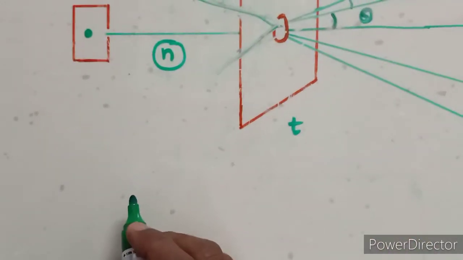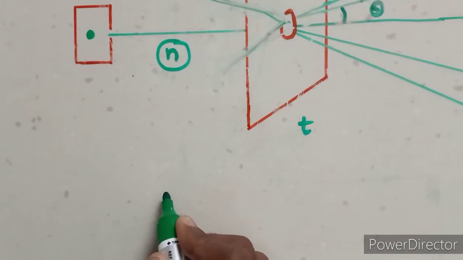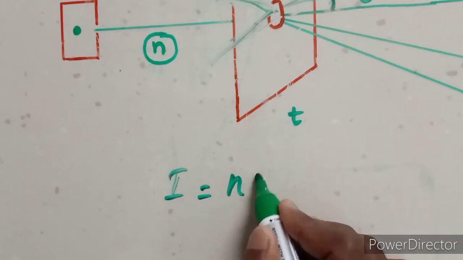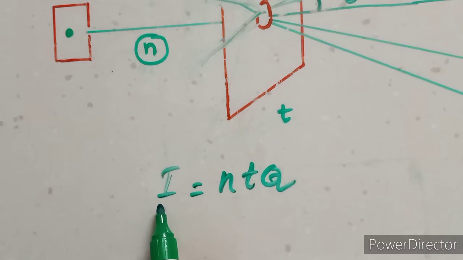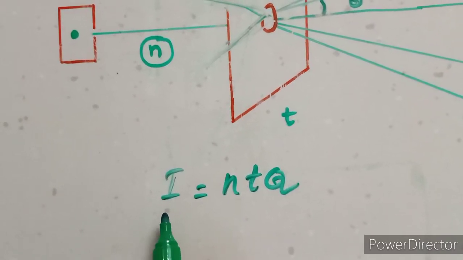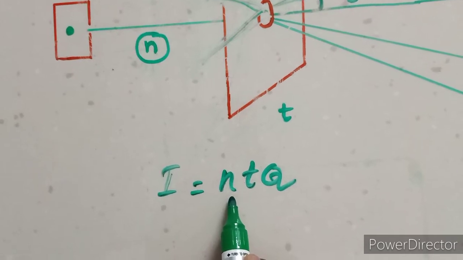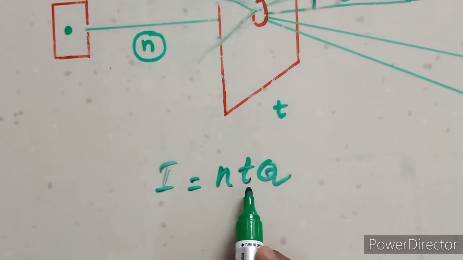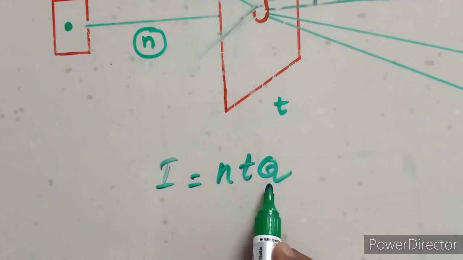So the intensity of incidence is I equals n t q. This is the intensity. So the intensity of incidence is the n number of alpha particles incident on the thickness of the gold foil, small t, and on the cross section area of the gold foil, q.